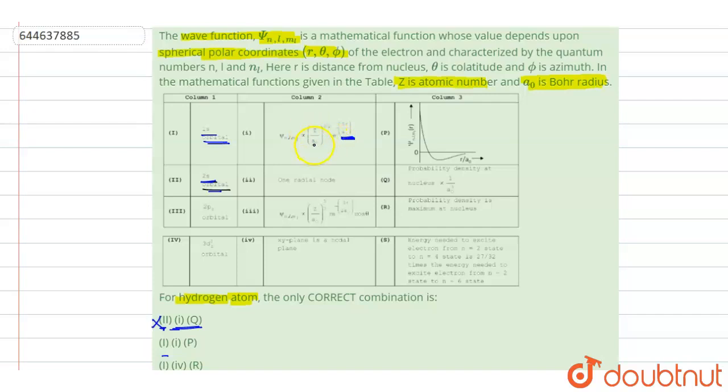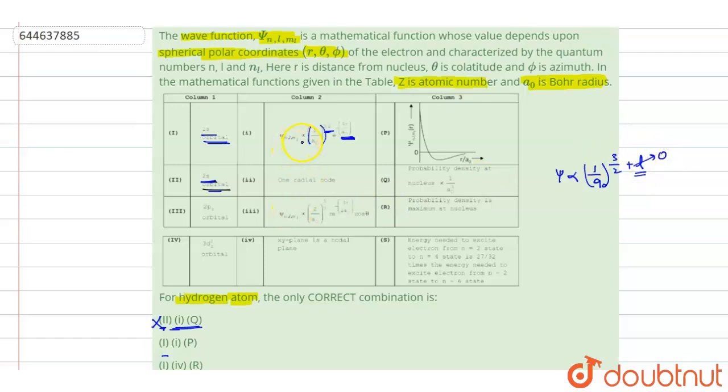Now here we have 1 upon a0 to the power 3 by 2, and psi is directly proportional to 1 upon a0 to the power 3 by 2 plus L. Since here exponent is 3 by 2, so L will be equal to 0, that is s subshell. So till here this is correct.